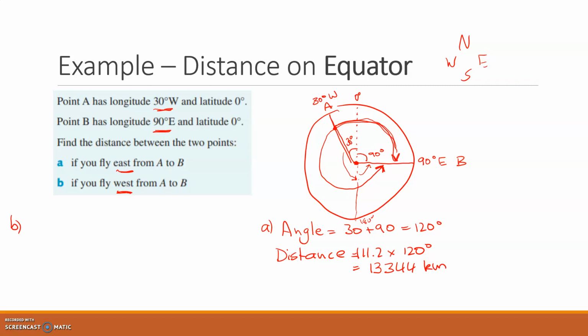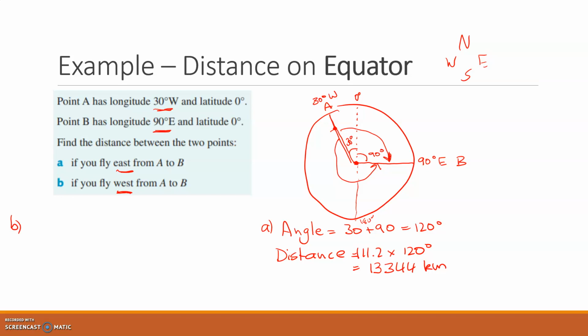Or I can just see that because I've worked out that distance, the remaining distance out of the 360 would be this here.